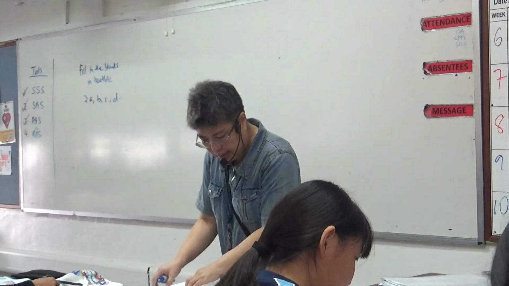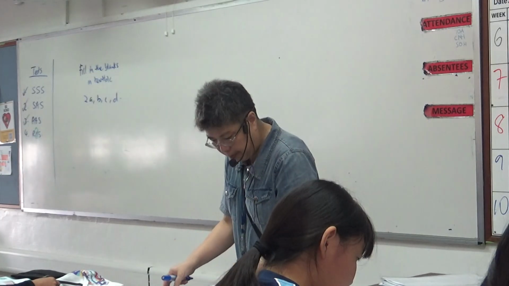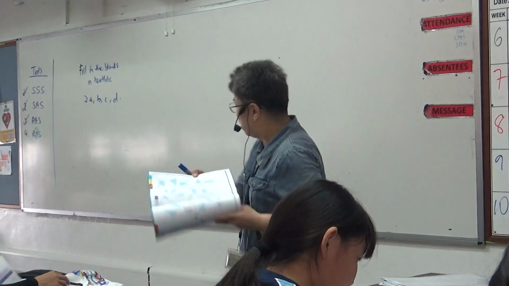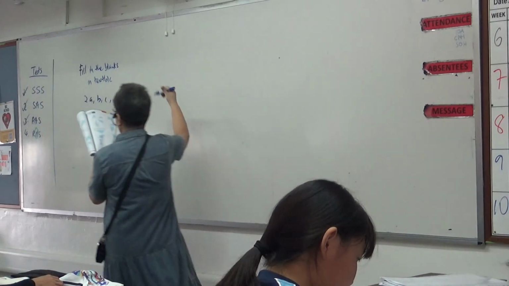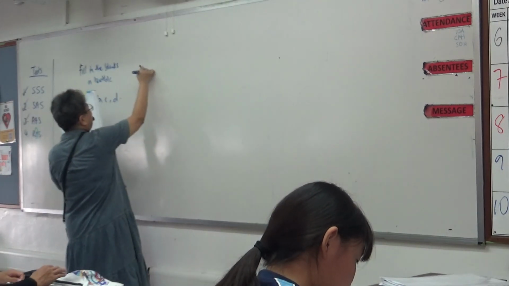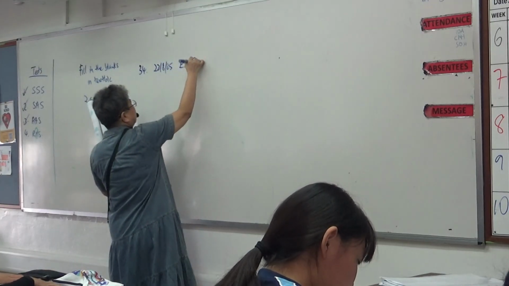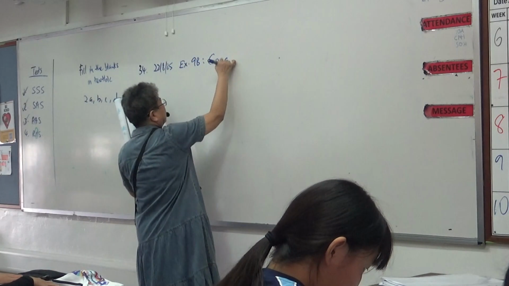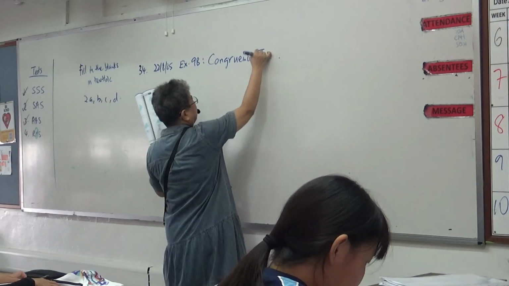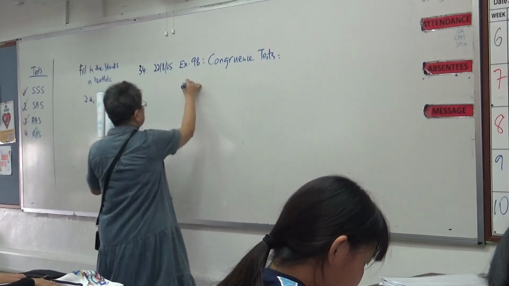Okay? Now, what's the number on the content page of your max file? 34. Today's date. Congruence test.